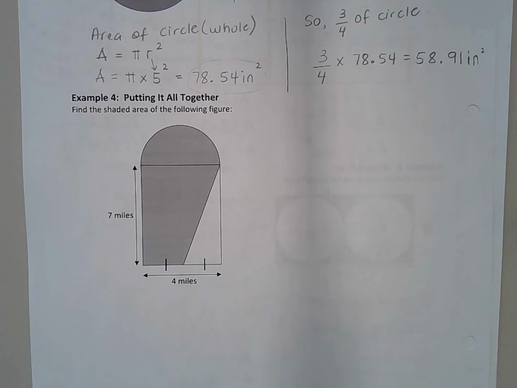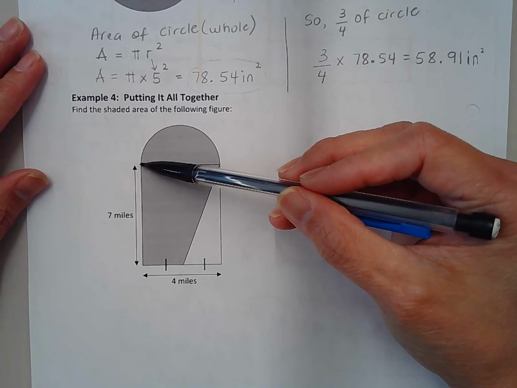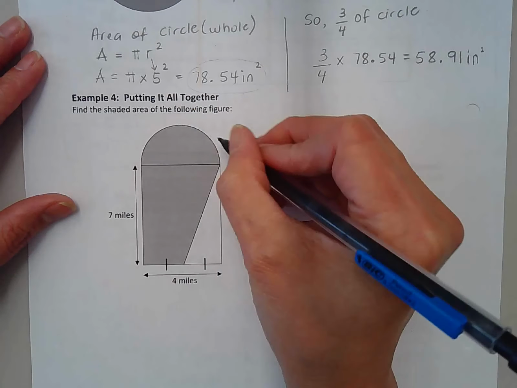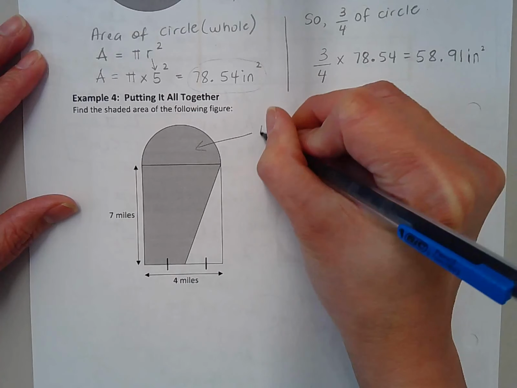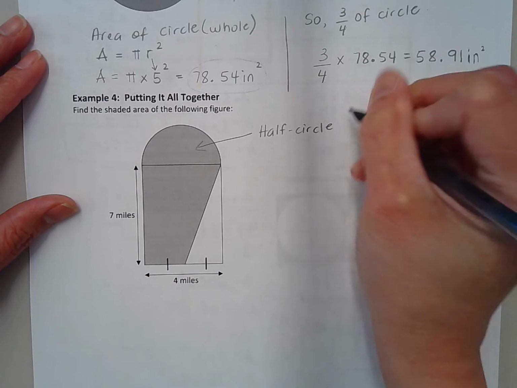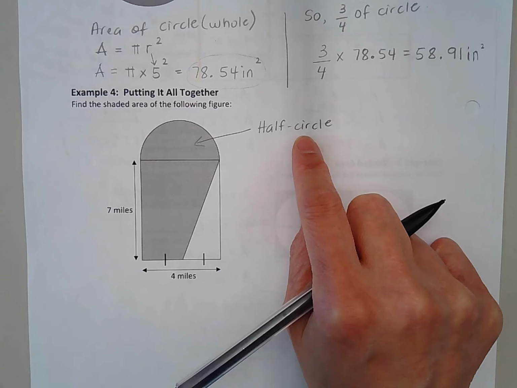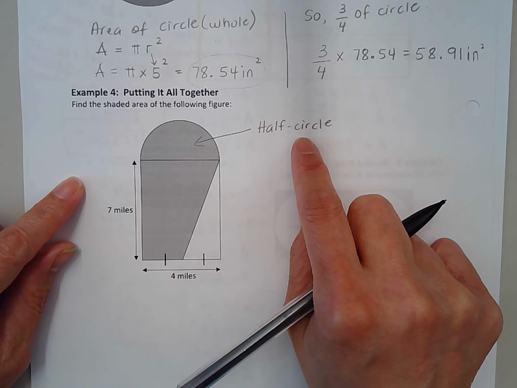Example 4, putting it all together. Find the shaded area. Okay. Well, what do you see here? You see half a circle. If we're going to look at the half a circle, that's a portion of a circle.